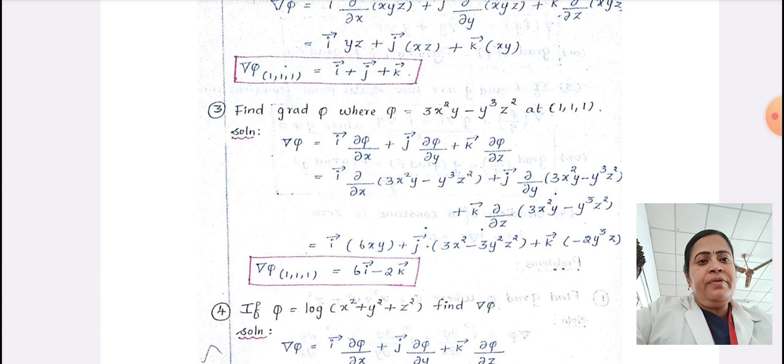So when you differentiate this with respect to x, y and z, you will be getting 6xy into i vector plus (3x² minus 3y²z²) into j vector and minus 2y³z into k vector. So at (1, 1, 1), that is x equal to 1, y equal to 1 and z equal to 1, del phi equals 6 i vector plus 0 j vector minus 2 k vector.